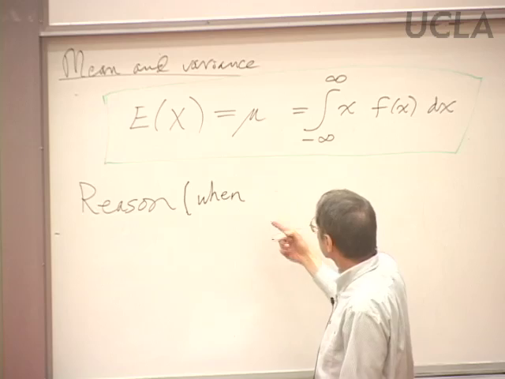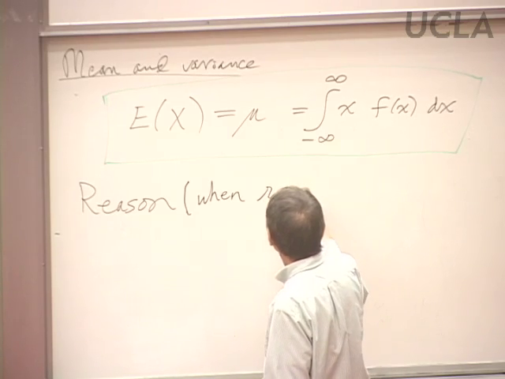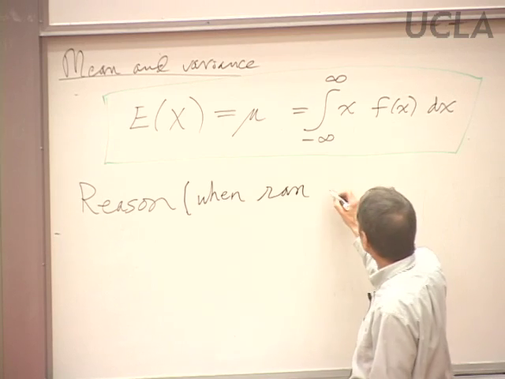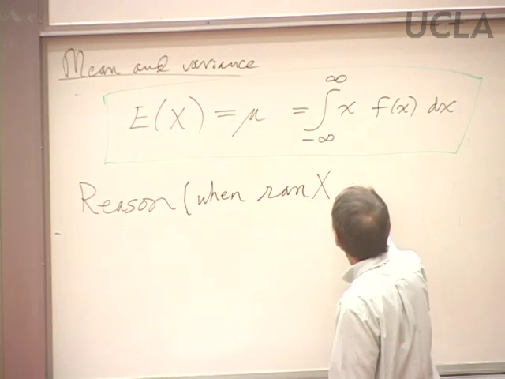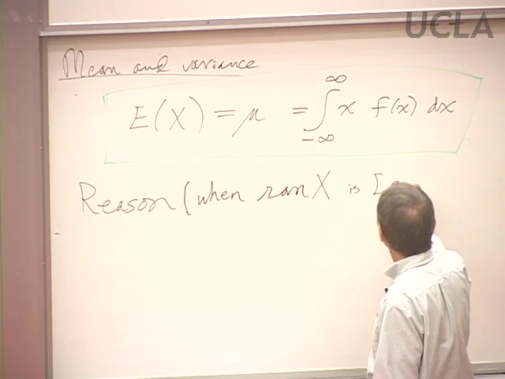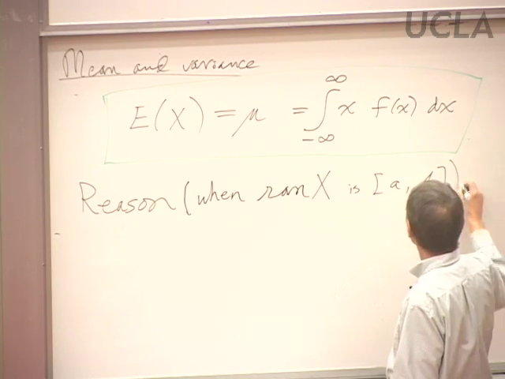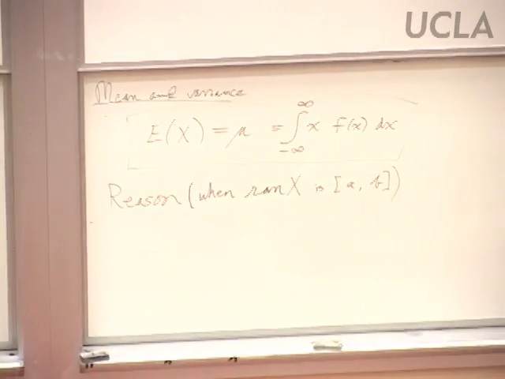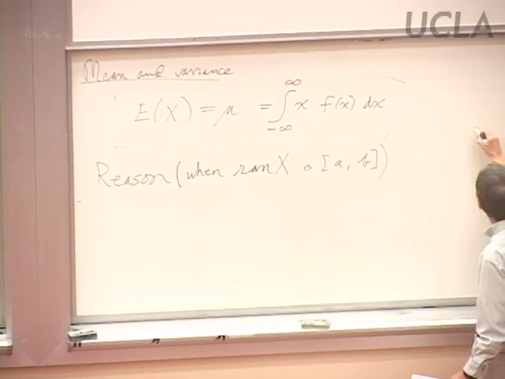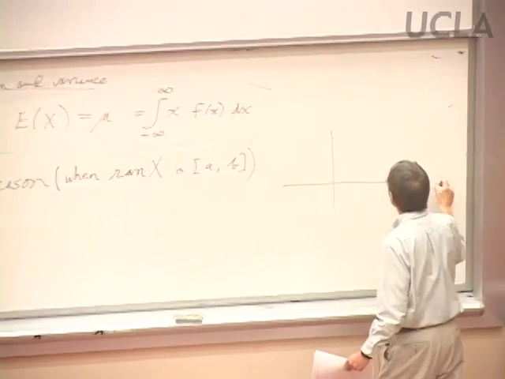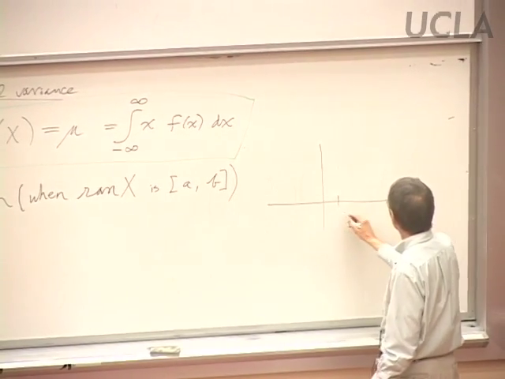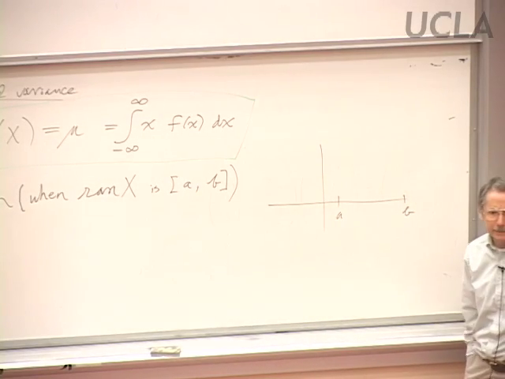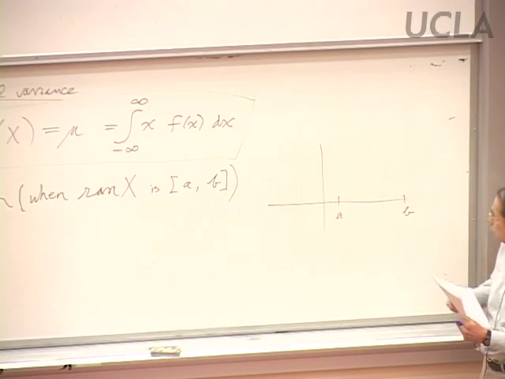I'm just going to look at the case where we don't have an infinite interval, where the range of the random variable is, suppose, just a closed interval from A to B. So the density is going to be 0 outside this interval.